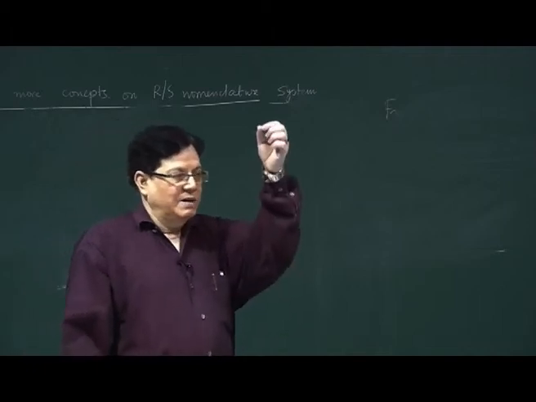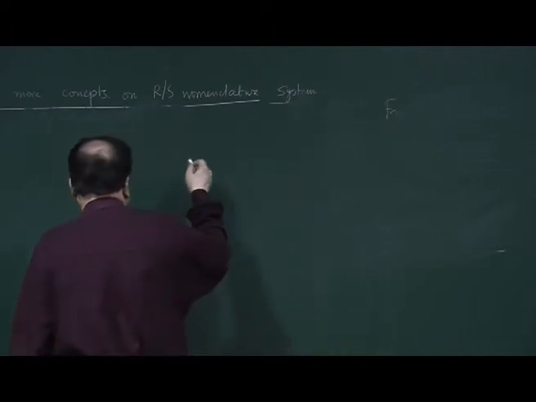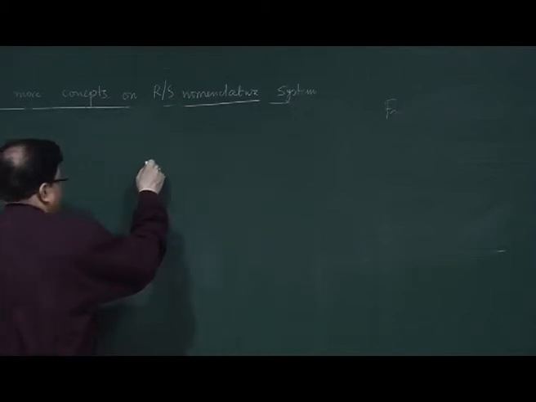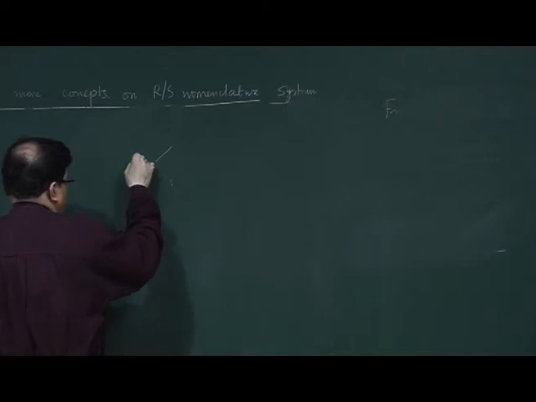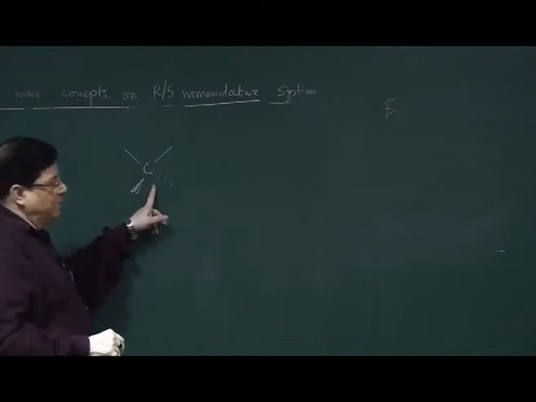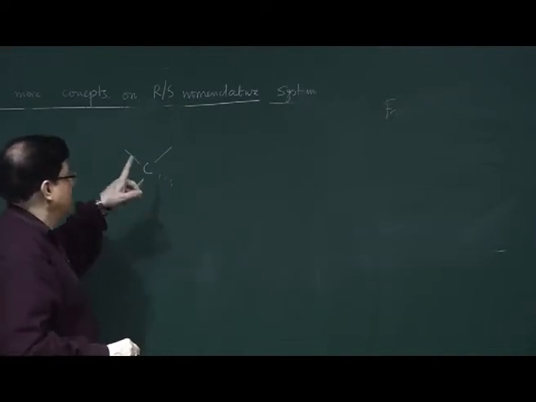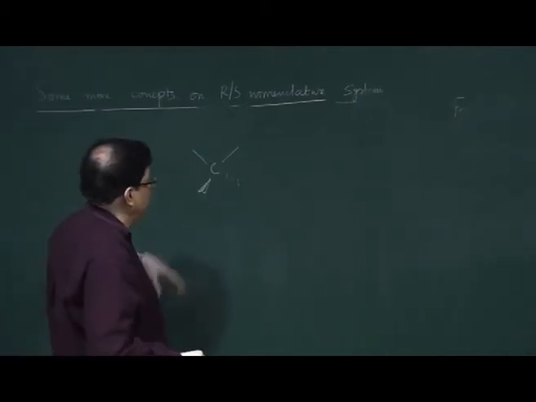Because along the axis, in a tetrahedral carbon, the classical stereogenic center, now it is called stereogenic center, earlier chiral center. Let us stick to the classical definition.